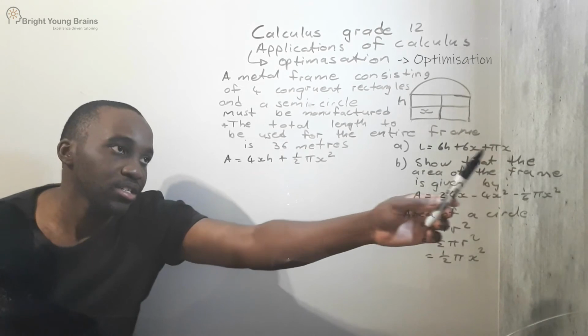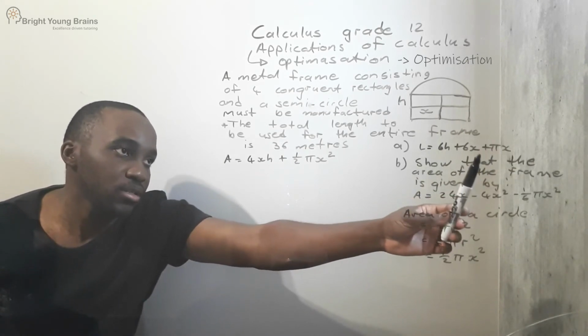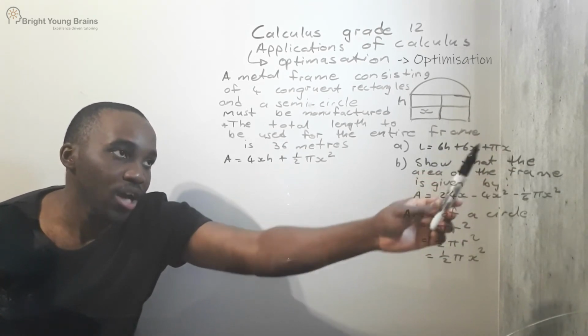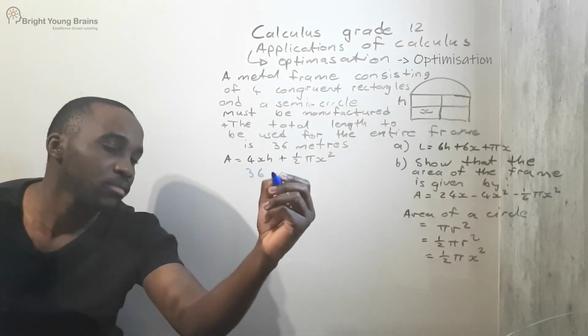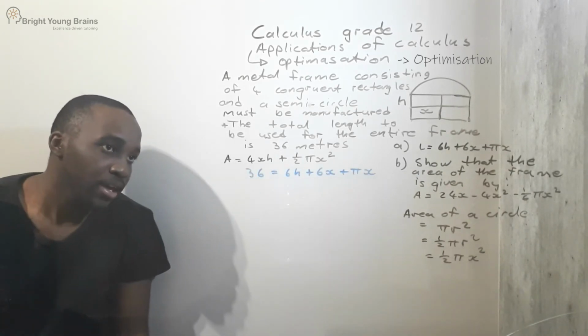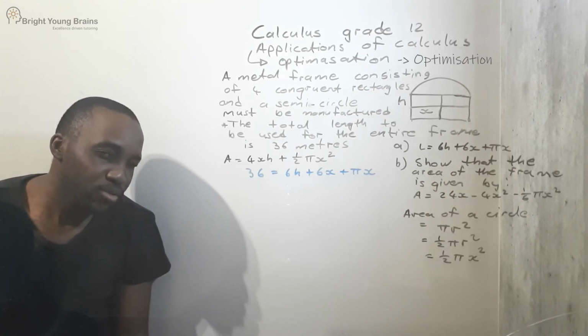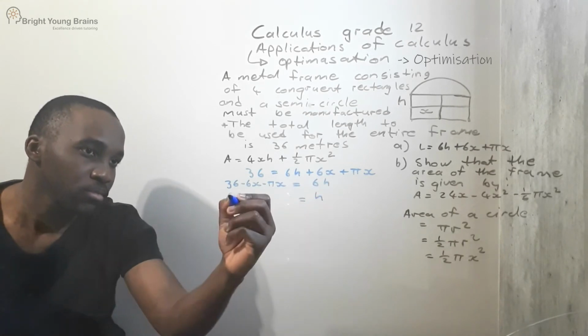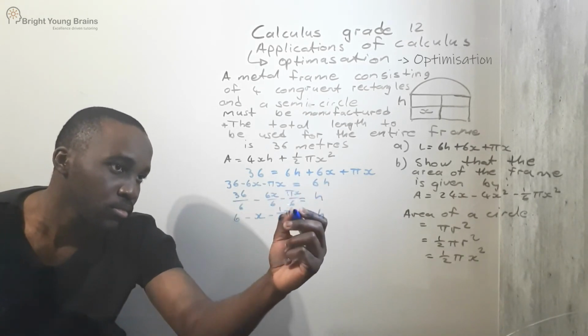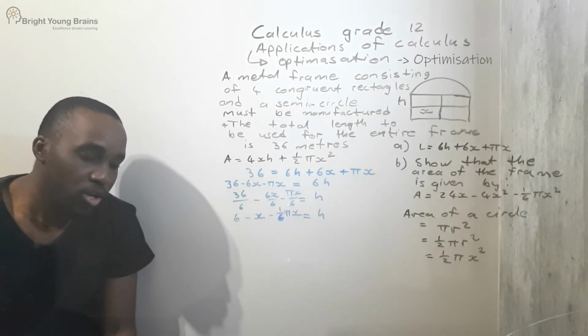So we know that this expression is equal to 36 meters, and we can use it to isolate a value for h. So that's going to look like this. And then here we can clearly see that we are able to isolate h. Isolating h, this is what we have as a value for h.